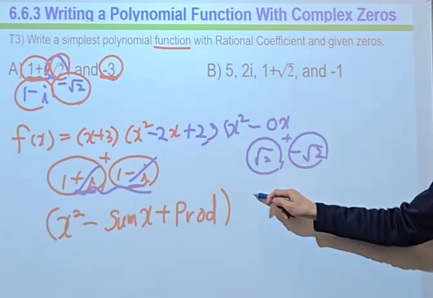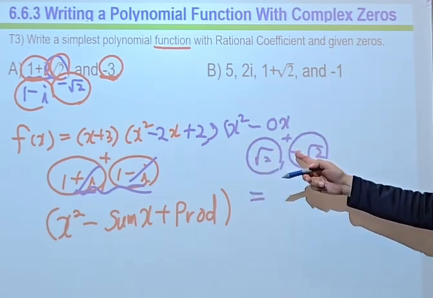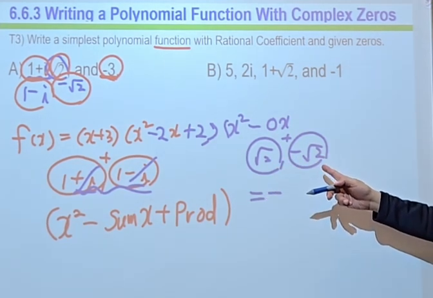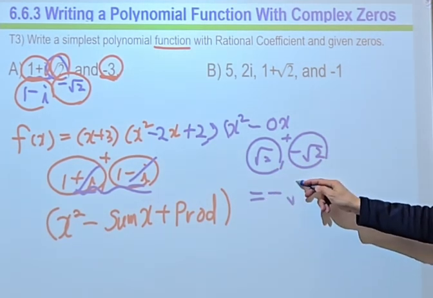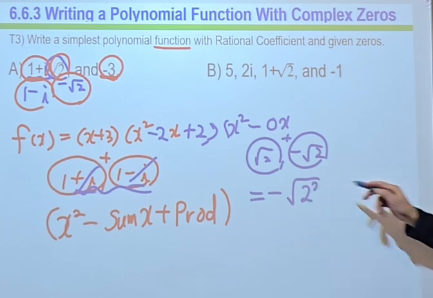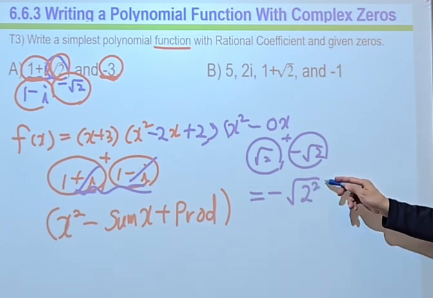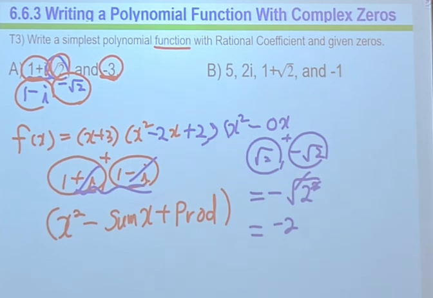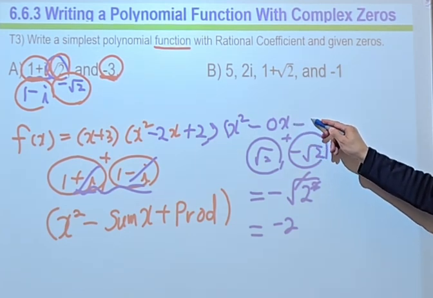Product, when you multiply plus and minus, sign first all the time. Sign minus, and root 2 times root 2. Maybe you can say root 4 for now, but 4 is 2 squared, right? This cancels out. So that's negative 2. So the product is negative 2. Okay? So I'm going to write negative 2 like that.